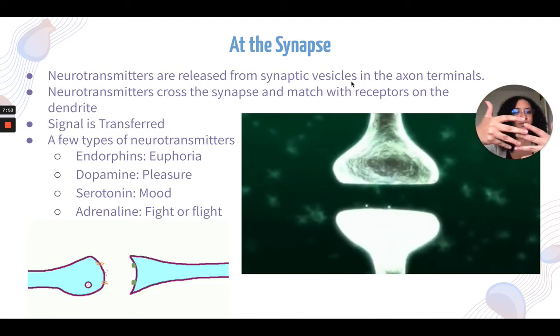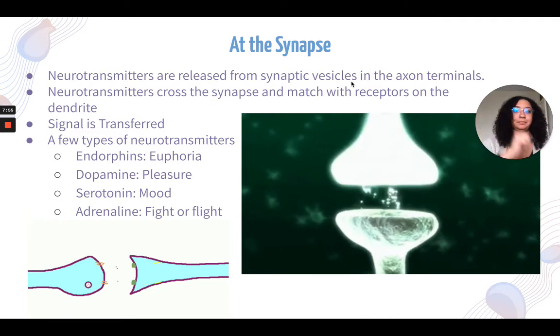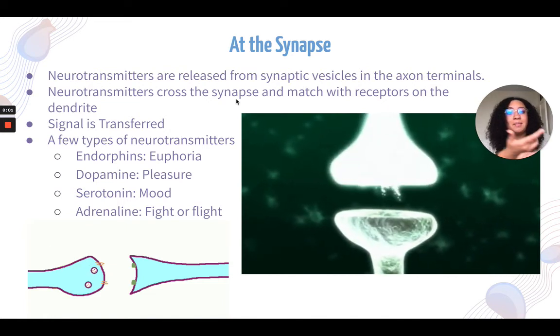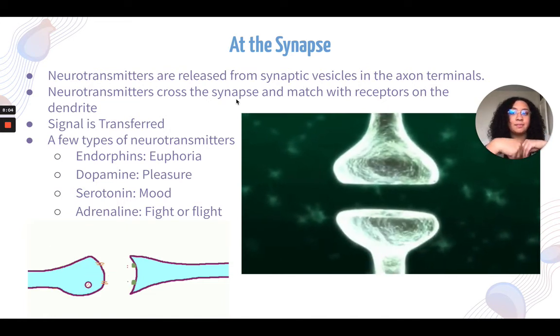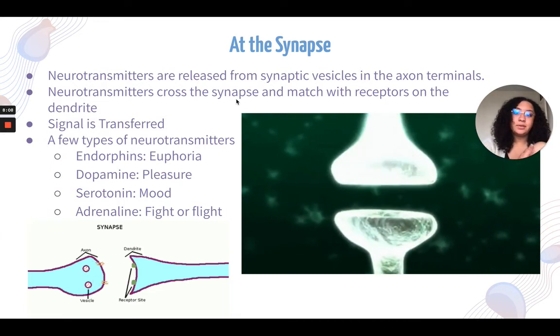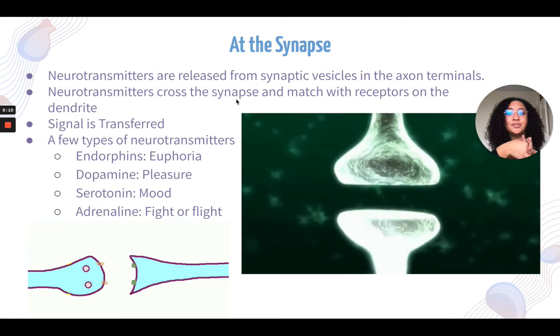So in between those two is the synapse. There, a signal is transferred, those neurotransmitters are crossing, and they match with the correct receptors on the dendrite.